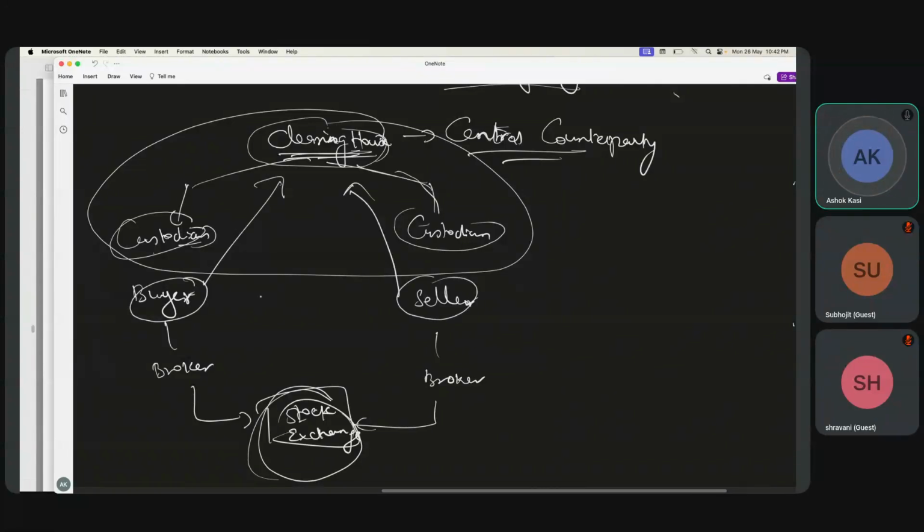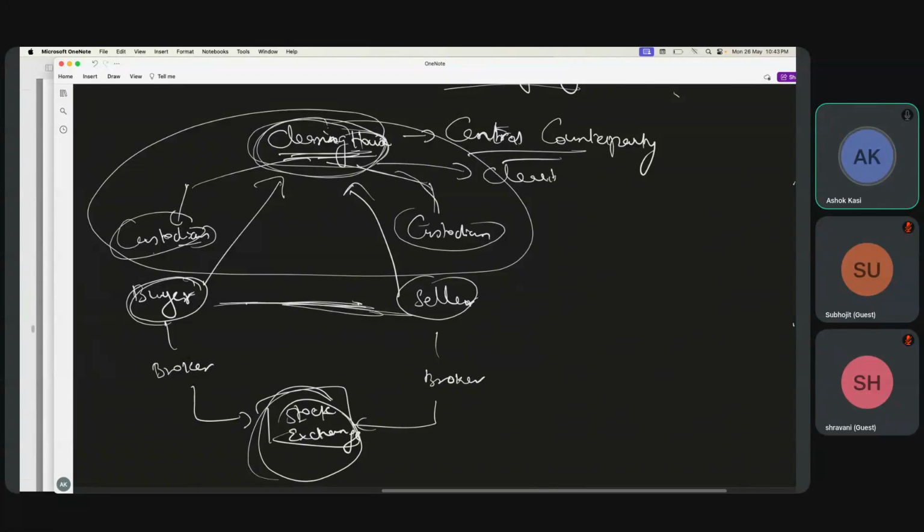Mind you, buyer and seller don't even know each other. So how are they confidently entering into the trade? That is because the clearinghouse takes the counterparty guarantee.